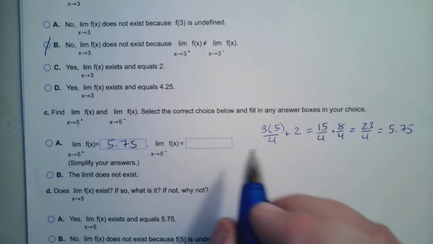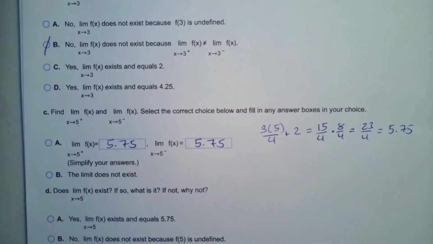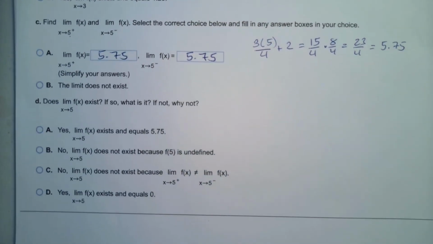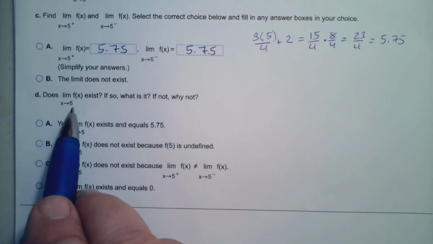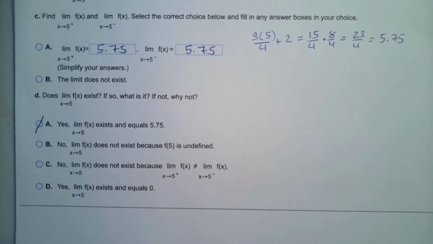Since they're both using the same equation, it's going to be the same value. D. Does the limit at 5 exist? Yes, because they both equal 5.75.